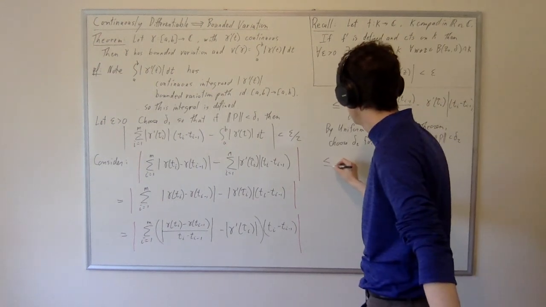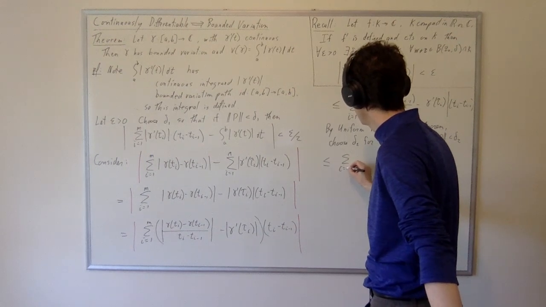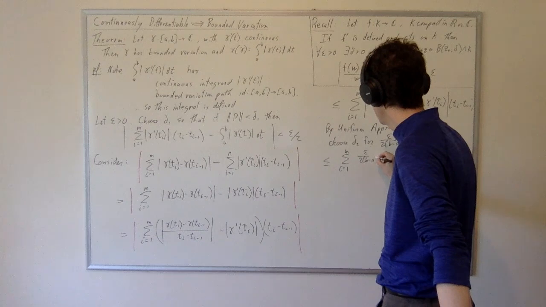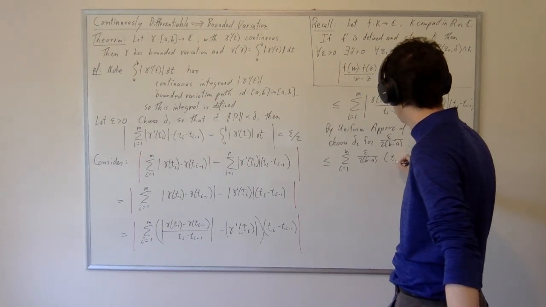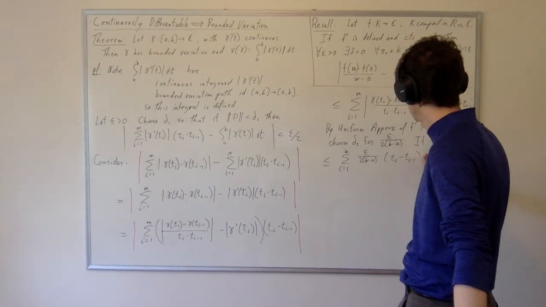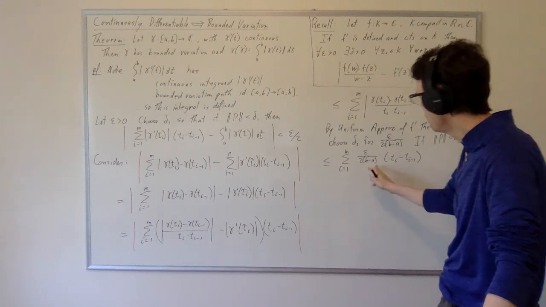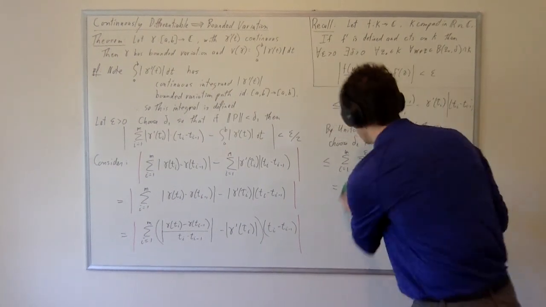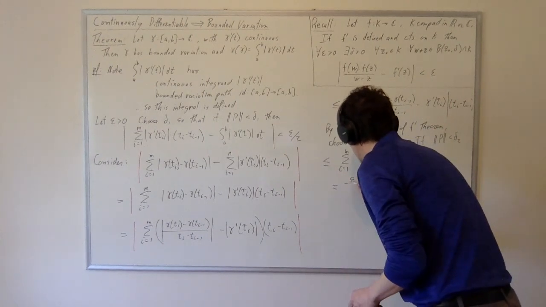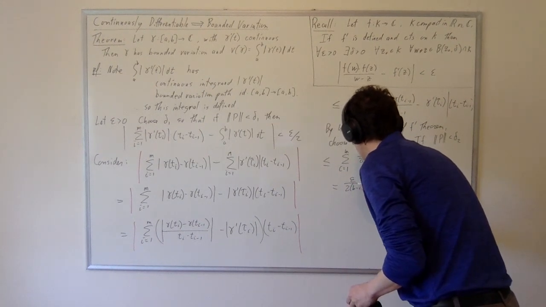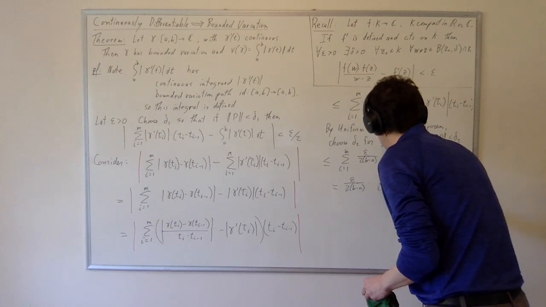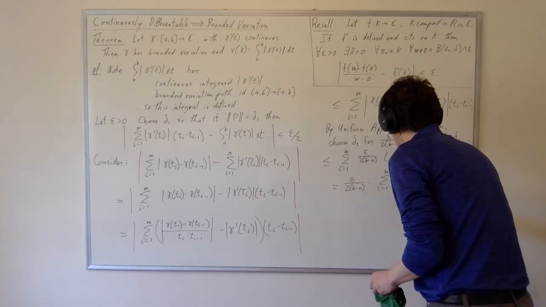So that's going to give us less than or equal to the summation i equals 1 to m of epsilon over 2 times b minus a, times Ti minus Ti minus 1. And now everything else is easy. We factor this out. That's epsilon over 2 times b minus a, times the summation i equals 1 to m of Ti minus Ti minus 1.